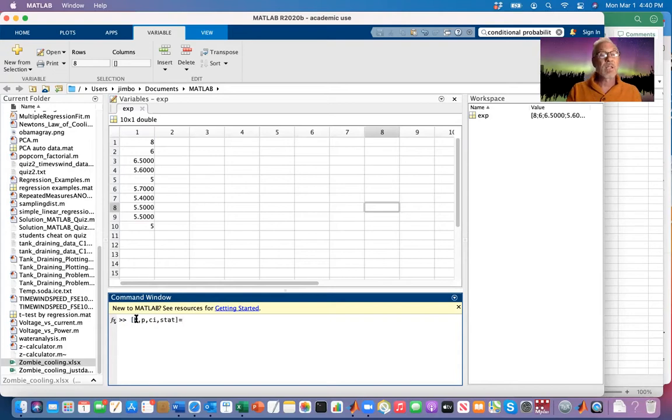So this is going to give us a logical value. H is a logical value: 0 if we fail to reject the null hypothesis, 1 if we reject the null hypothesis. P is the probability that our experimental sample could have been drawn at random from the population that we've specified with those parameters. The confidence interval is in centimeters.